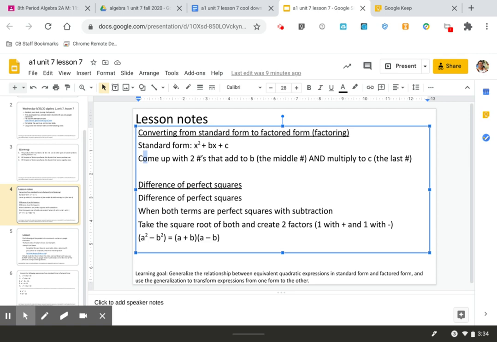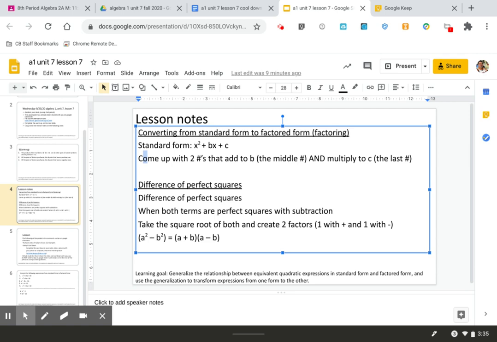So, for example, 25 is a perfect square because the square root of 25 is 5. 100 is another perfect square because the square root of 100 is 10. It's a whole number. But say the square root of 5, we would say that 5 is not a perfect square because when I take the square root of 5, I don't get a whole number.